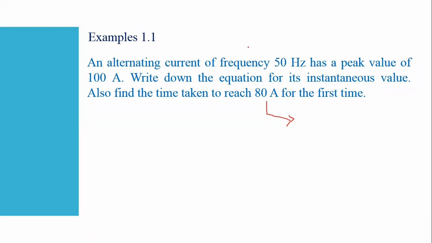Okay. Here, two values of currents are given. One is 100 ampere and second one is 80 ampere. Now for 100 ampere already it is mentioned that it is peak value. So you can take it as a maximum value. But what is 80 ampere?